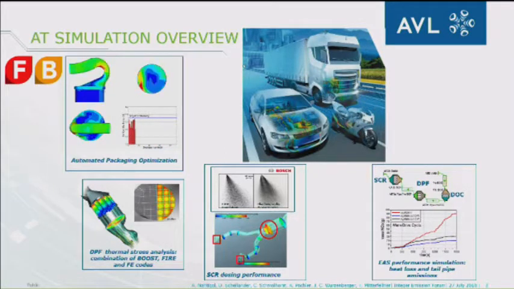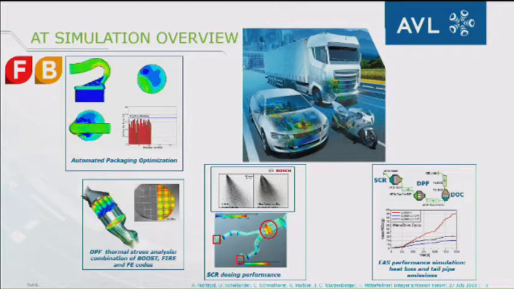Finally, if we focus on the full system, then typically 1D simulation tools are used. In this case, the full exhaust line is modeled, including the piping system. Also, different components can be added for a gasoline or diesel exhaust system, and then we can simulate it under different operating conditions, including tailpipe emission prediction.